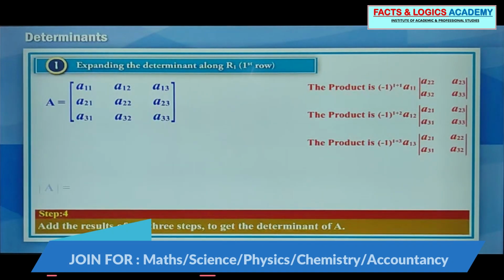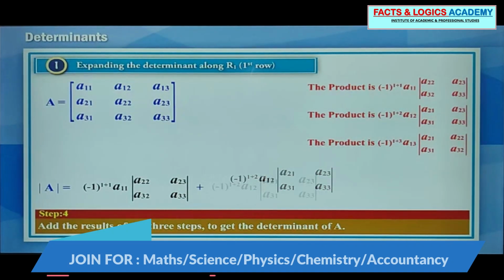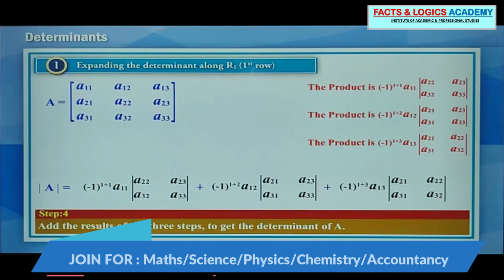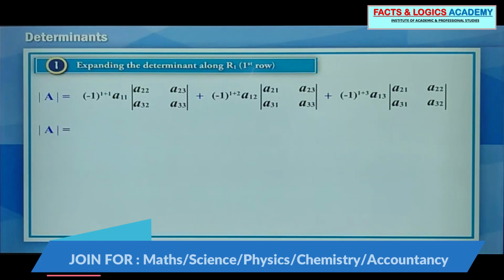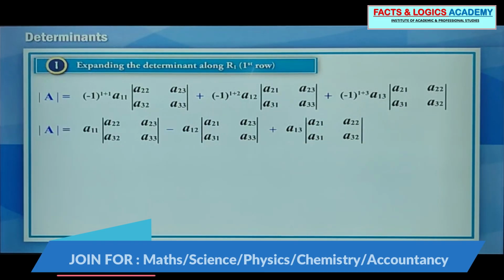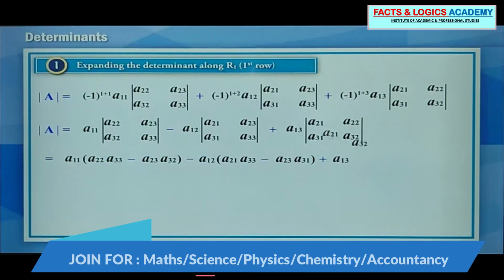Lastly, we add the results of the three steps to get the determinant of A. The determinant of A is as shown.